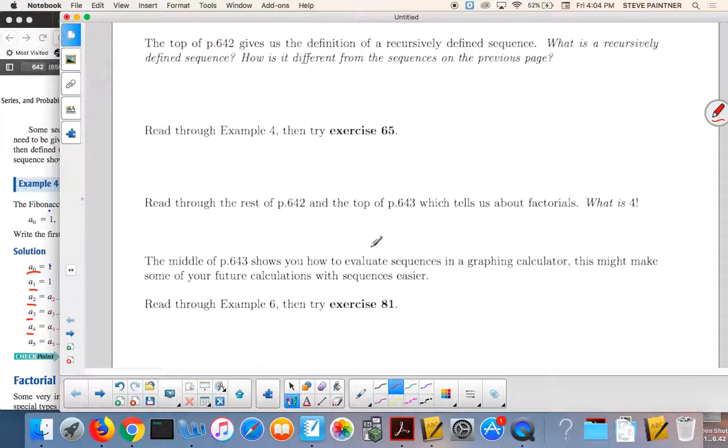The question I asked you here is, what is a recursively defined sequence? So we'll say it's a sequence where each term is dependent on the previous terms.